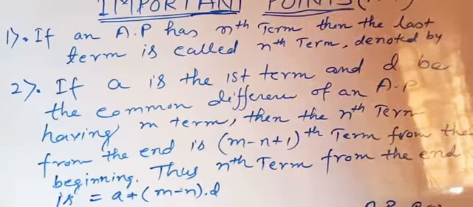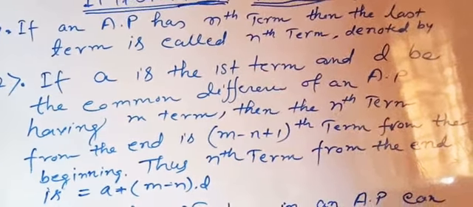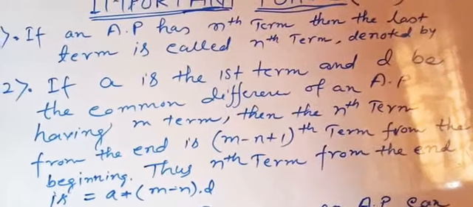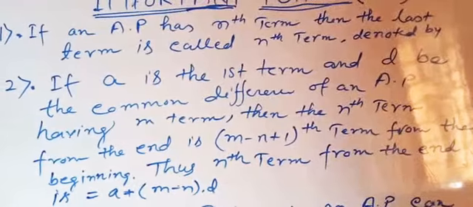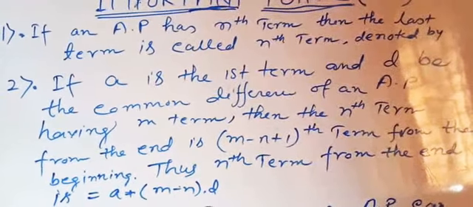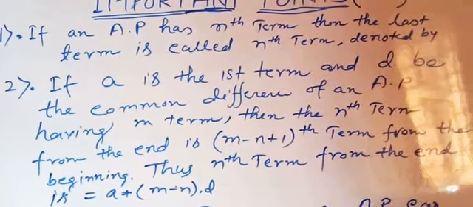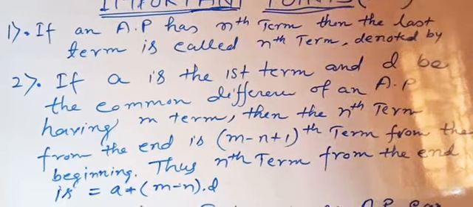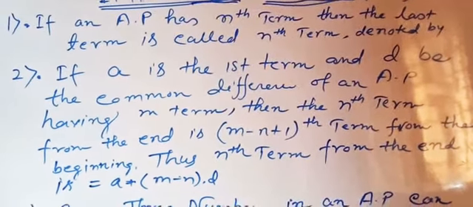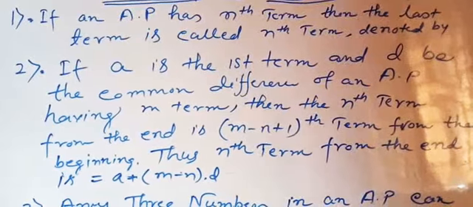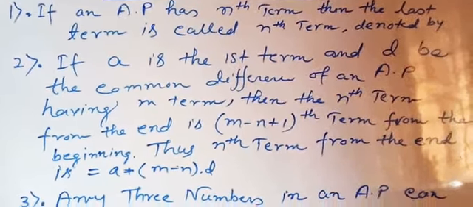If a is the first term and d is the common difference of an AP having m terms, then the nth term from the end is the m minus n plus 1th term from the beginning. Thus, the nth term from the end is a plus m minus n into d. Hope you are understanding.